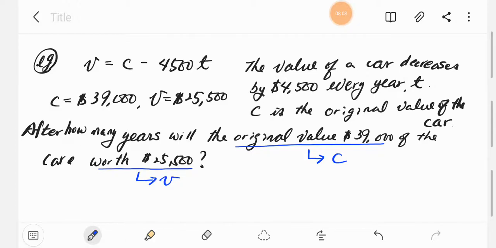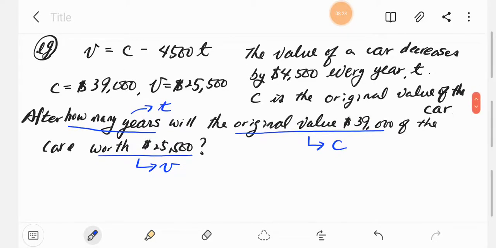And then we are looking for how many years? So we are looking for T. In this equation, there are three variables, V, C, and T. And the values for V and C are given. So let's plug in all these values.